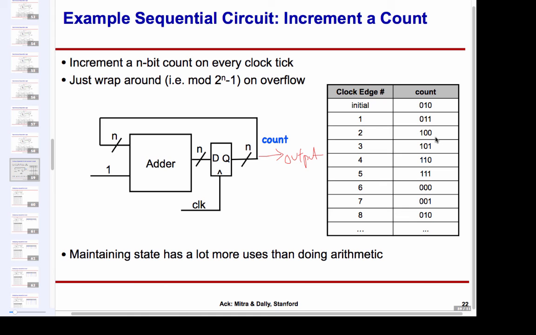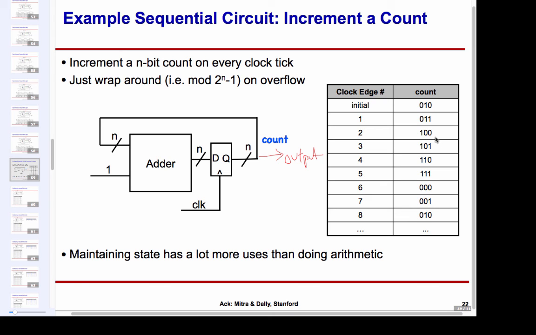So every time there's a car entering, the sensor puts out a high, and only then I want to increment. So this is maintaining a state of how many cars are in the parking lot. Obviously I don't want to tick on every clock. I want to tick only on those clocks where the car is entering, and for the moment imagine a car can enter faster than a clock period. So how would you design that?